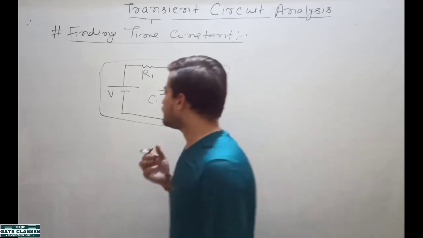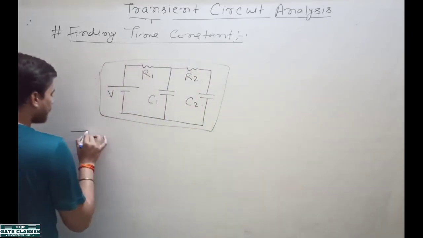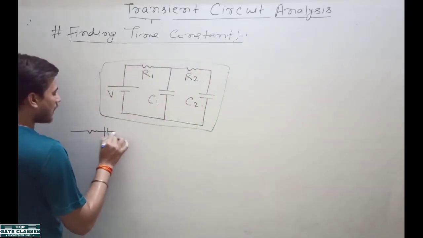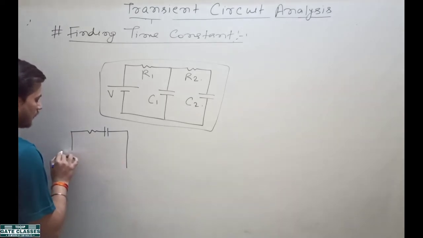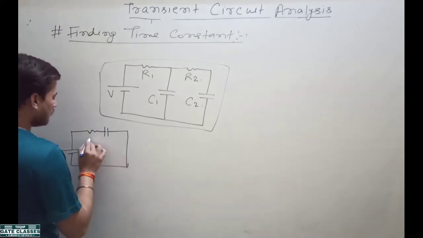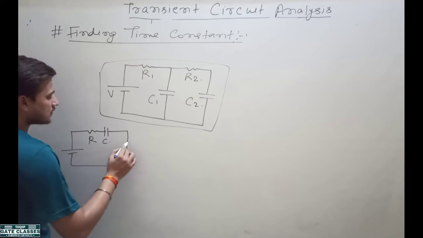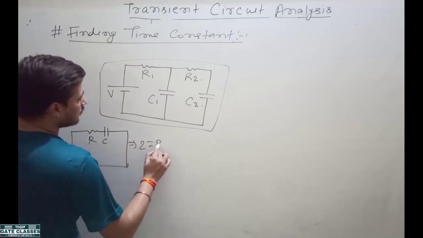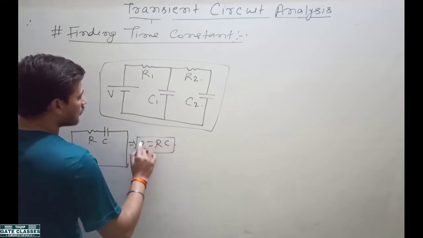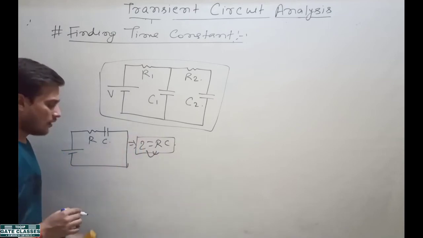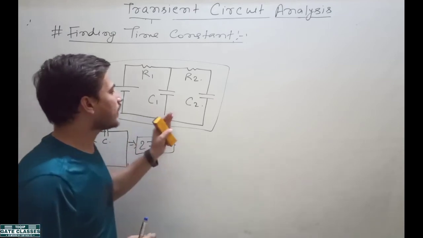If you are having a simple RC circuit, then its time constant is equal to RC. So tau equal to RC. But in this condition, how to find time constant?